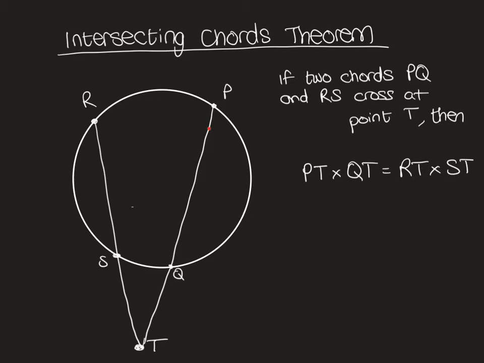The length from P to T times the length from Q to T is equal to R to T times S to T, always to that crossing point T at the end of each one.